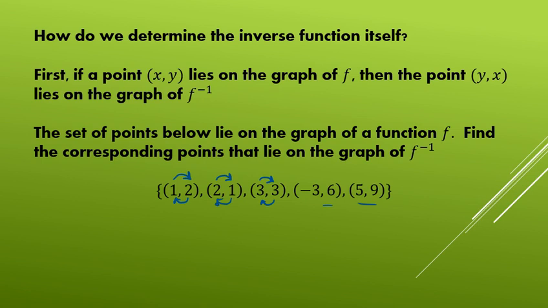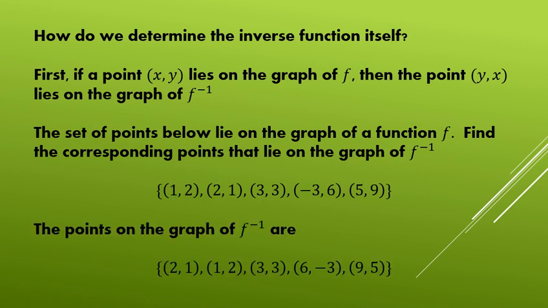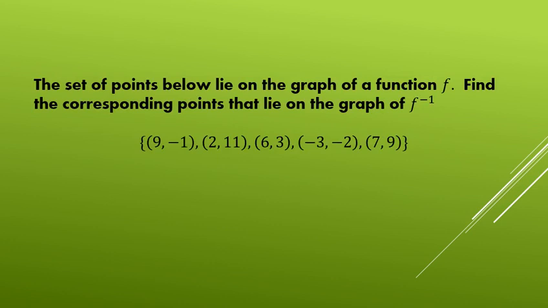And when you do that, you get 2 comma 1, 1 comma 2, 3 comma 3, 6 comma negative 3, 9 comma 5. Again, just switch the x and y coordinates. Very, very easy, very, very straightforward to find the ordered pairs that lie on the graph of the inverse.